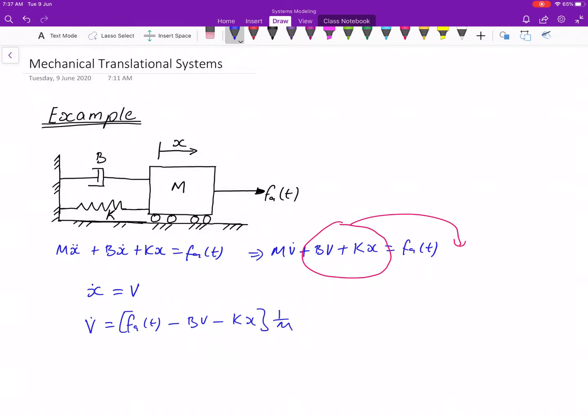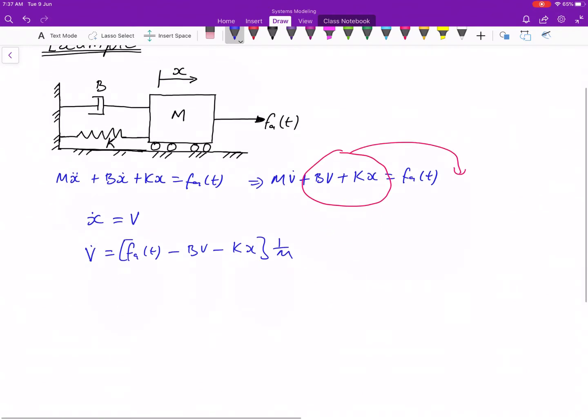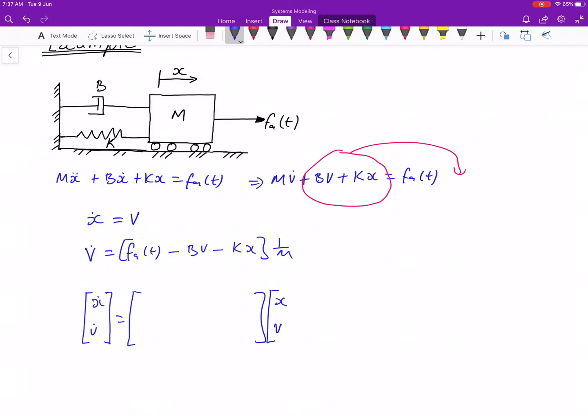From there we can write the state equations by stacking this together. So I have x dot and v dot is equal to, we said our state variables were x and v, and x dot is equal to v, so we have 0 here and 1 there.